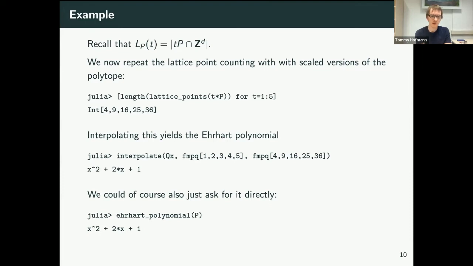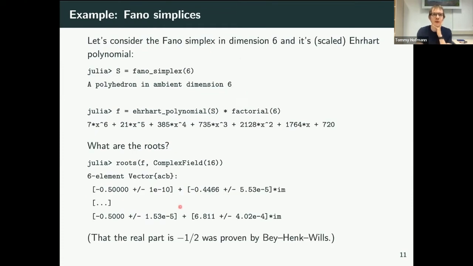Let's do a more complicated example, getting also the Galois groups into play. So let's look at a Fano simplex in dimension 6. There's a command to define this, and let's compute the Ehrhart polynomial, but already scaled by factorial 6, so it looks a bit nicer.